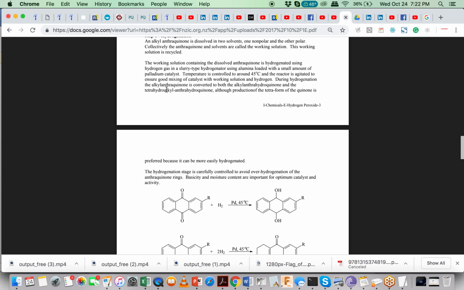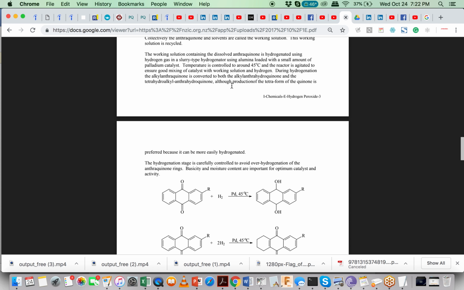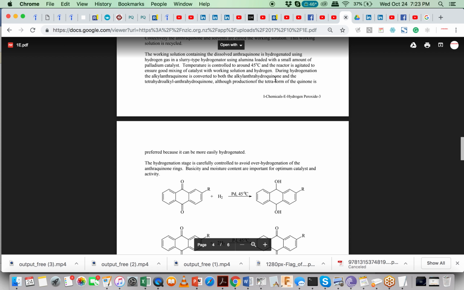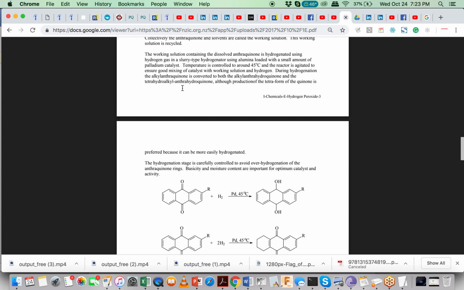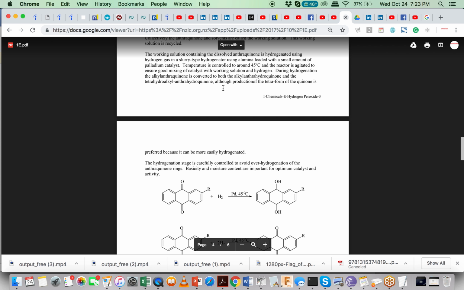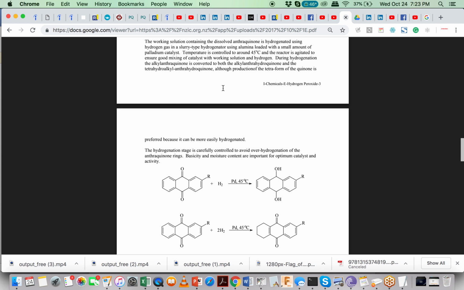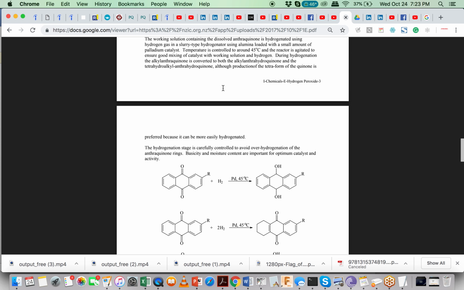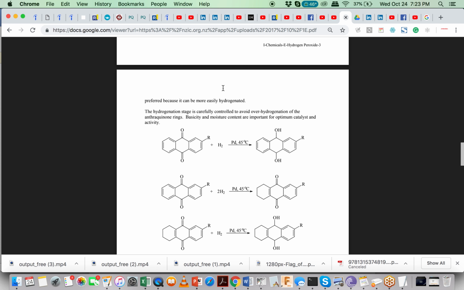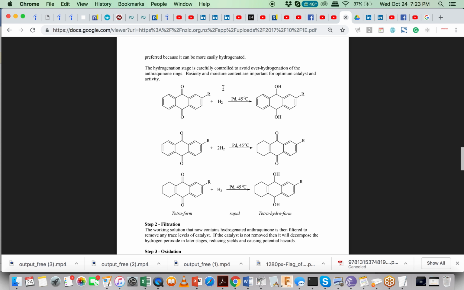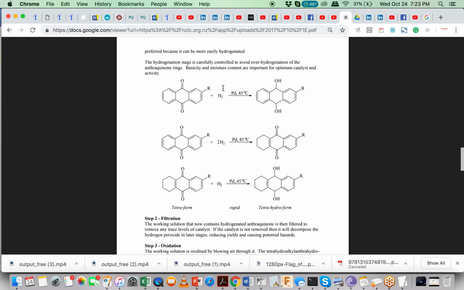During hydrogenation, the alkyl anthraquinone is converted to both the alkyl anthra-hydroquinone and the tetrahydroalkyl anthra-hydroquinone. Although production of the tetra form of the quinone is preferred because it can be more easily hydrogenated.